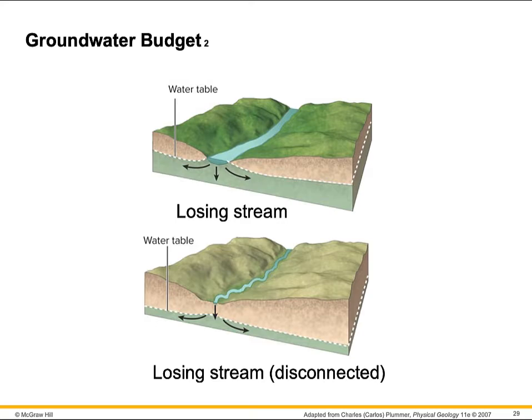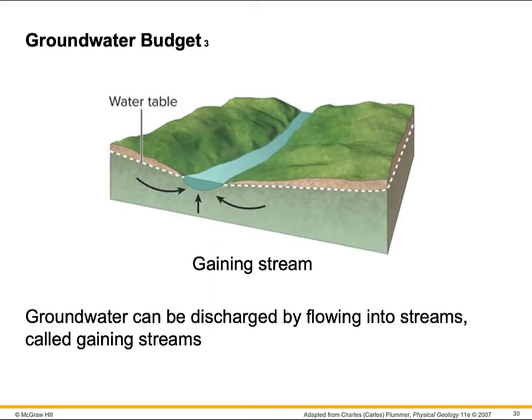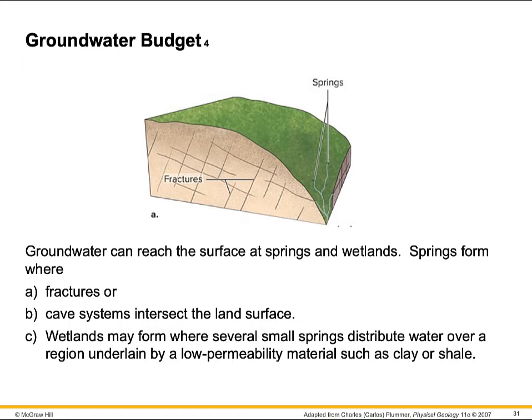Losing streams lose water to the saturated zone of an underlying aquifer or to the unsaturated zone in dry regions. Water enters gaining streams from the saturated zone of an adjoining aquifer. Groundwater can reach the surface at springs and wetlands.